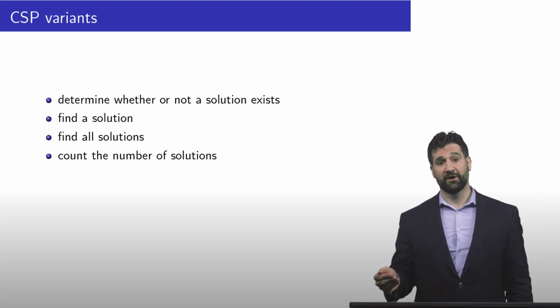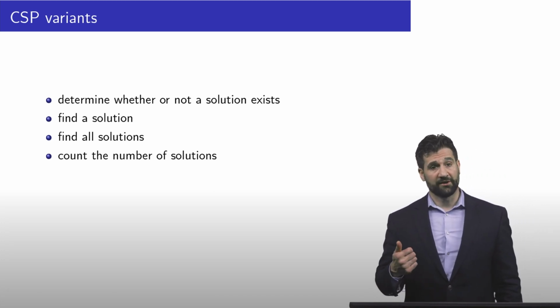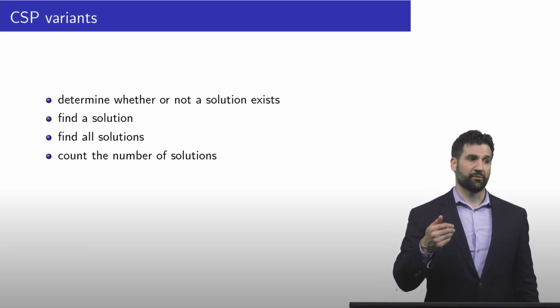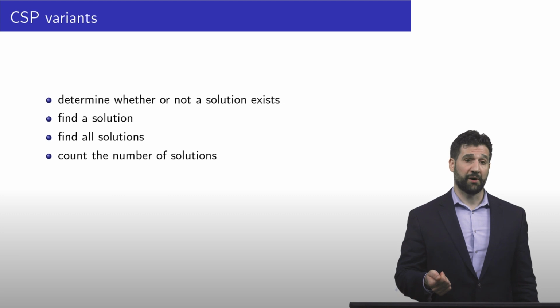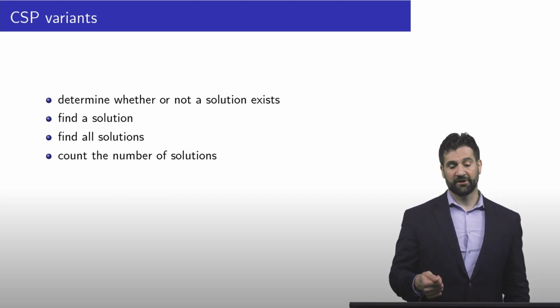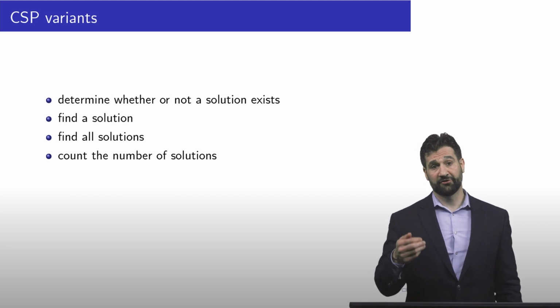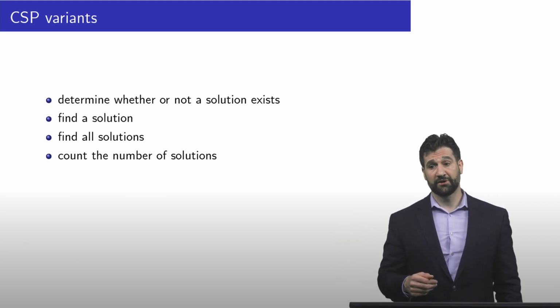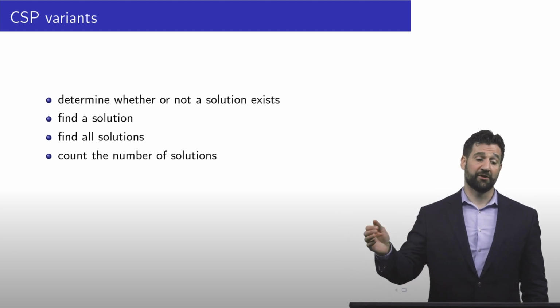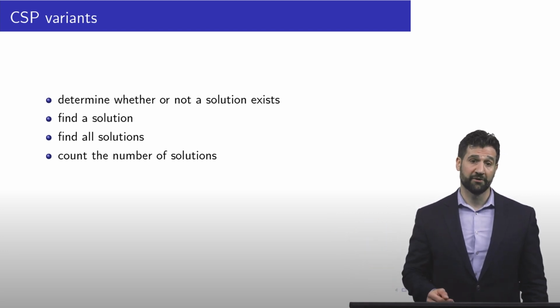Counting the number of the solutions. And so this comes up often in cases where we want to maybe reason about something probabilistically. And what's interesting here is counting the number of solutions. Typically, this is going to be sharp P hard, which is one of the highest classes in the polynomial hierarchy.